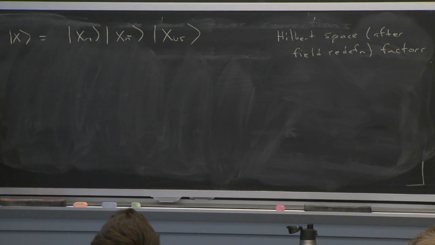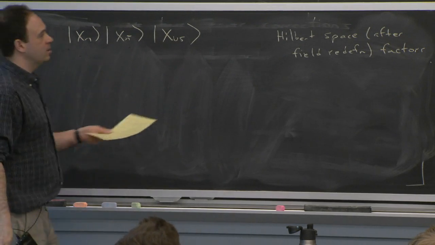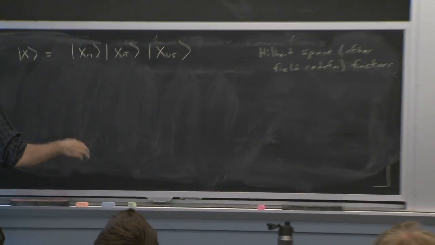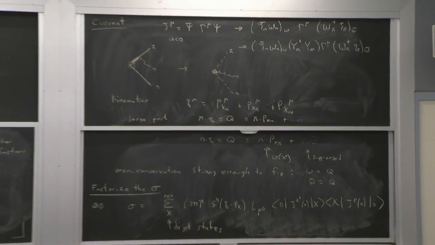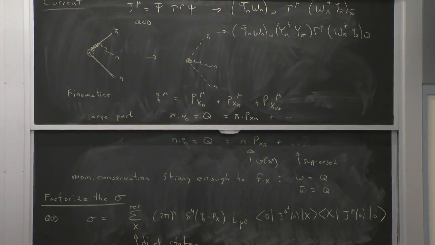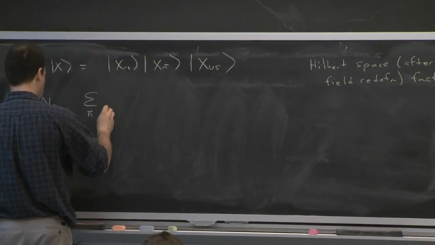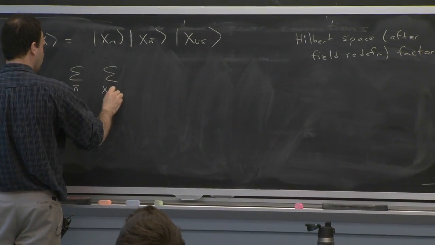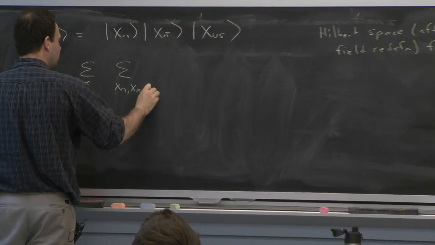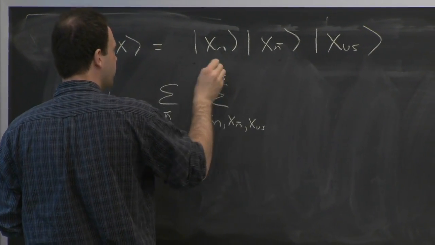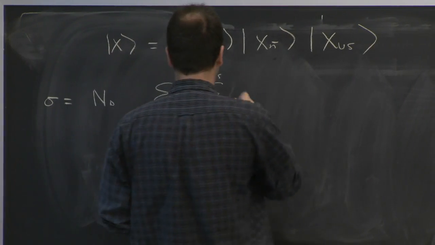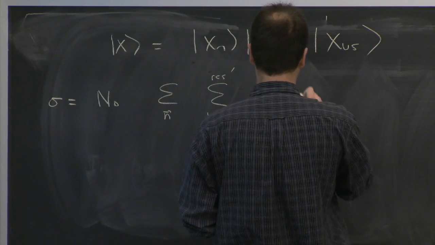OK, so we can put in our expansion of the current at the top of the board over there, and then put it into this formula and see what we get. And there's some prefactors. I'm now summing over just these states. There's still some restrictions depending on what I'm measuring, but they're different restrictions and they're simpler.